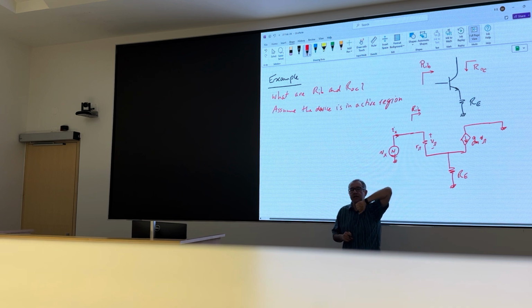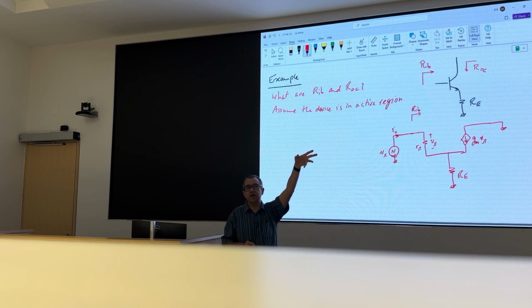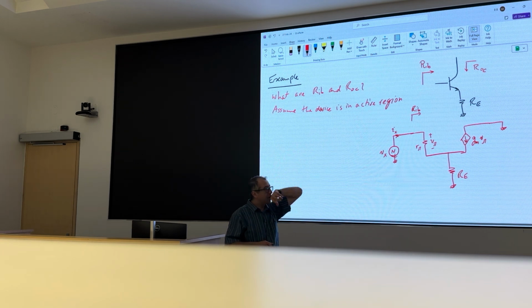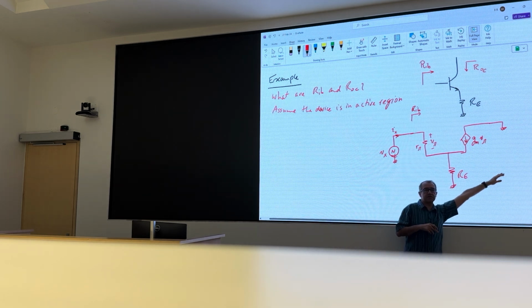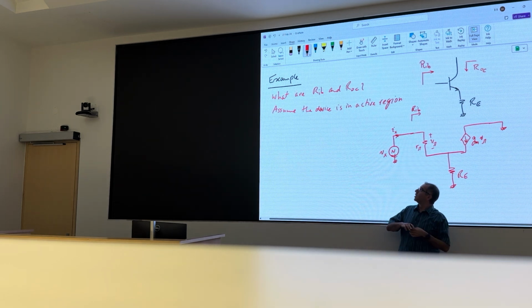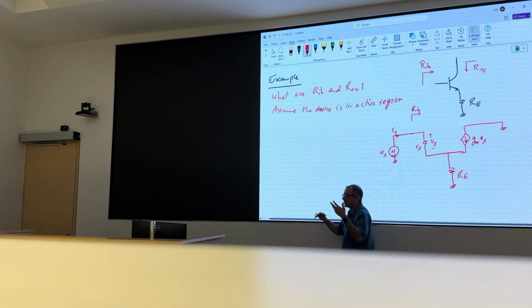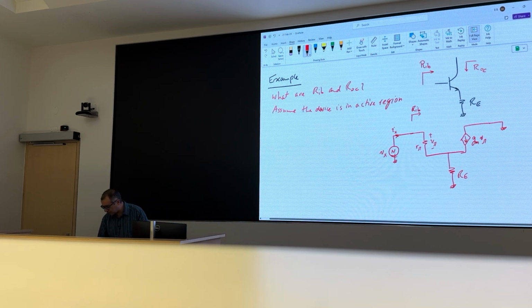Sometimes it's easier to use a current source: you attach your Ix to the input of your circuit and you measure Vx across it. But the idea is that if I could represent everything here as a resistor, Vx over Ix would give me that resistor value. It's the Thevenin equivalent. So if I want to do that, how do I do that?